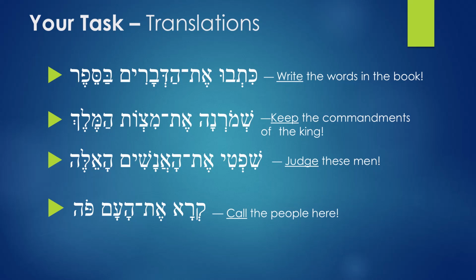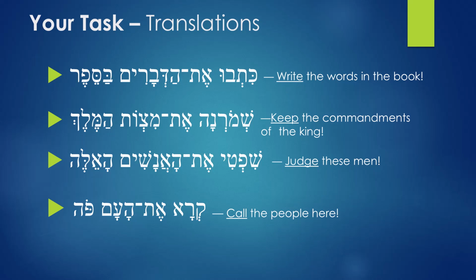On the first one, we have the phrase Kitvu et hadevarim basefer. How to translate that? The first word is imperative, kitvu, because shua has gone to hirek, and you have the u. That u suffix shows you it's imperative. So kitvu comes from the word katav. So in the imperative it becomes write. What should you write?